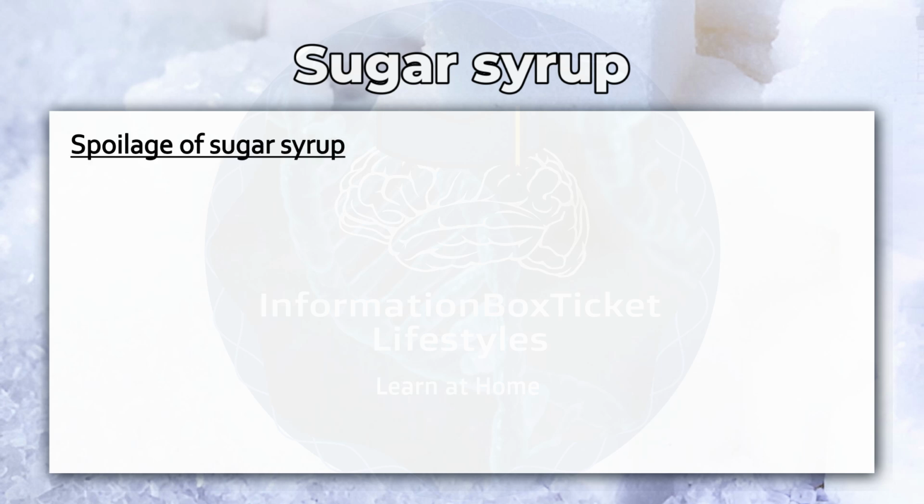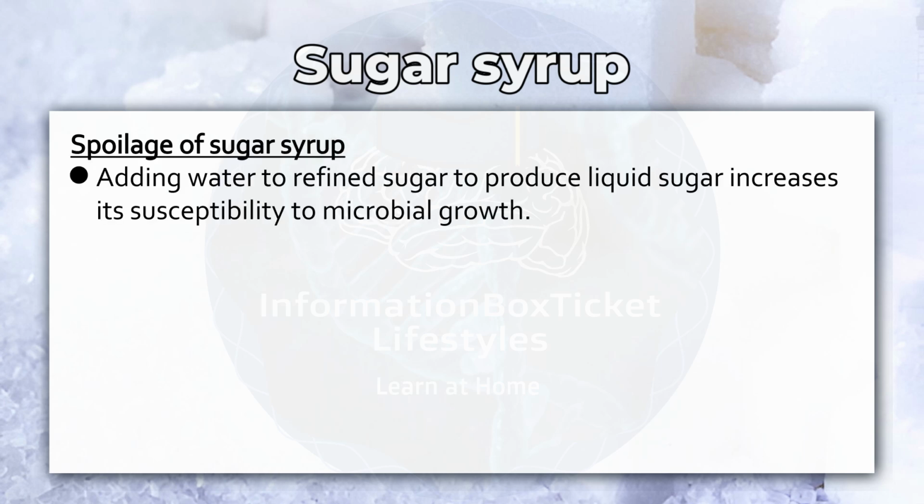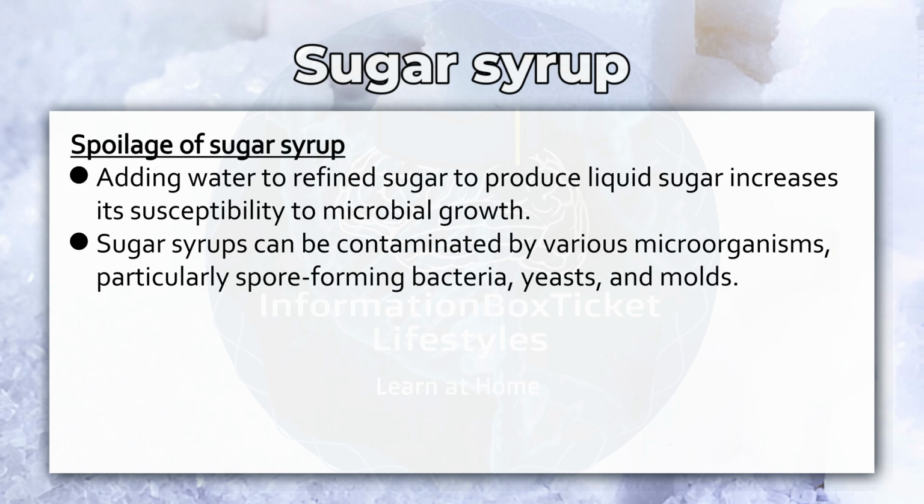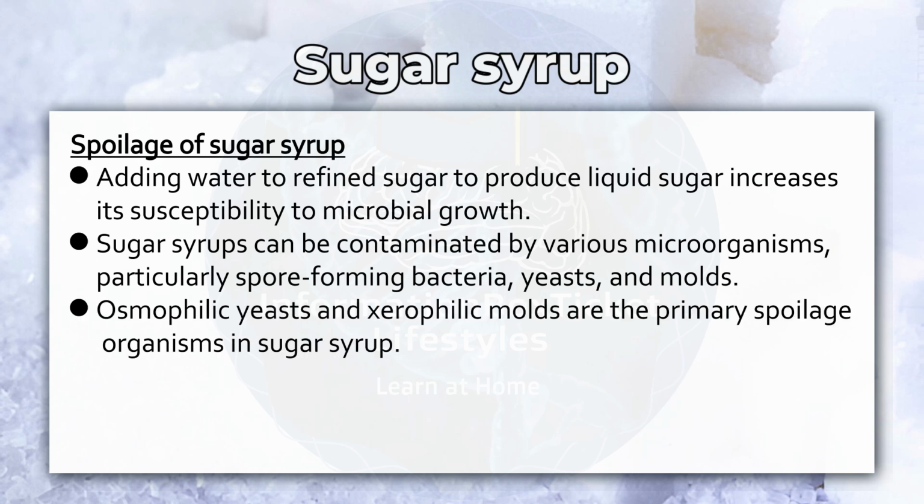Spoilage of sugar syrup. Adding water to refined sugar to produce liquid sugar increases its susceptibility to microbial growth. Sugar syrups can be contaminated by various microorganisms, particularly spore-forming bacteria, yeasts, and molds. Osmophilic yeasts and xerophilic molds are the primary spoilage organisms in sugar syrup.